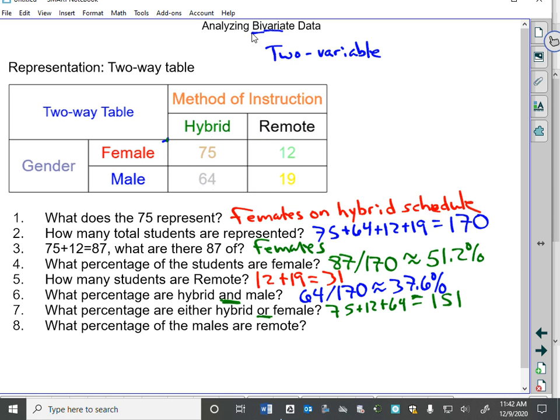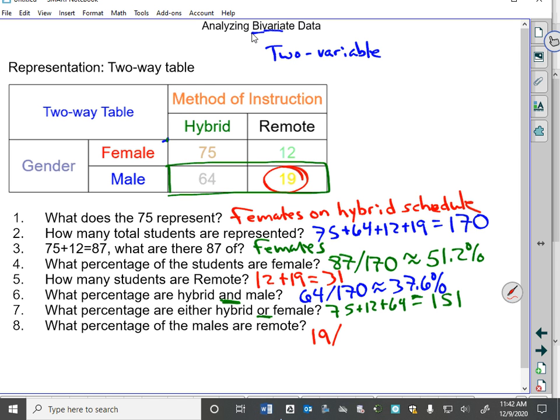And finally, we're going to look at one more on this. What percentage of the males are remote? So we need the total number of males. Here are the males that are remote, but we're only talking about the males. So there are 19 males that are remote, but that's not out of 170 because there aren't 170 males.